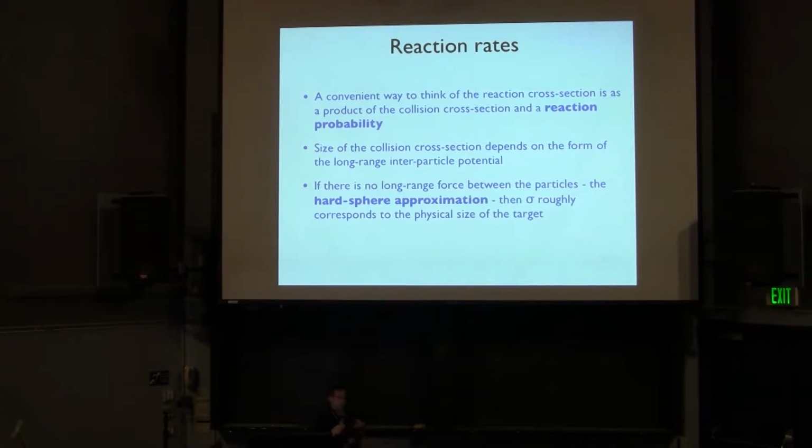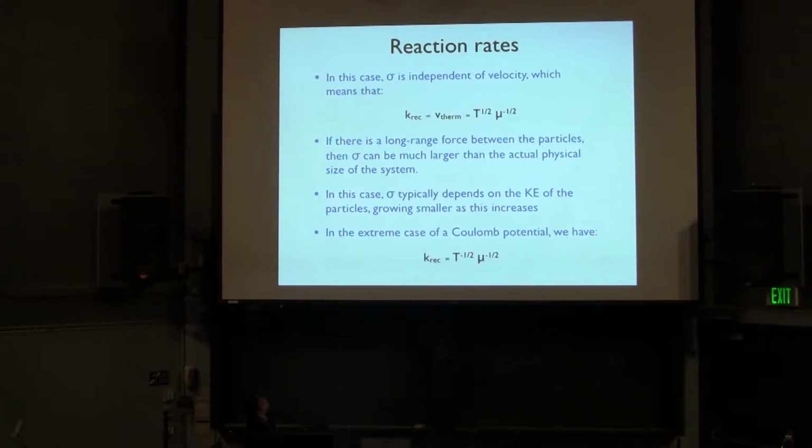If you have some sort of charge, then you've got a long-range force, then you have to worry about the Coulomb potentials as well, and that's going to change things. Okay, so just to note that this hard sphere approximation can sometimes work if you want to get a quick estimate. If you are involving charges, it's not going to work so well, and you have to look at a more quantum mechanical method.